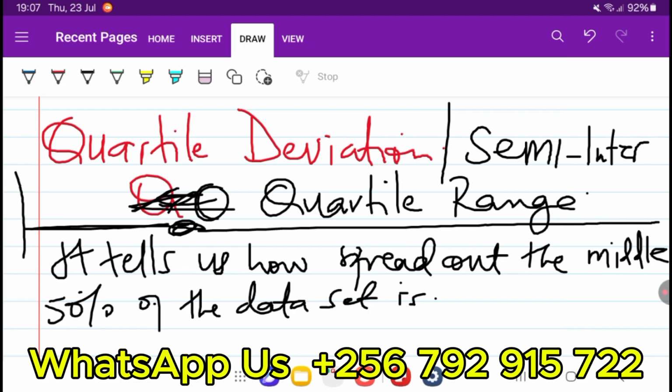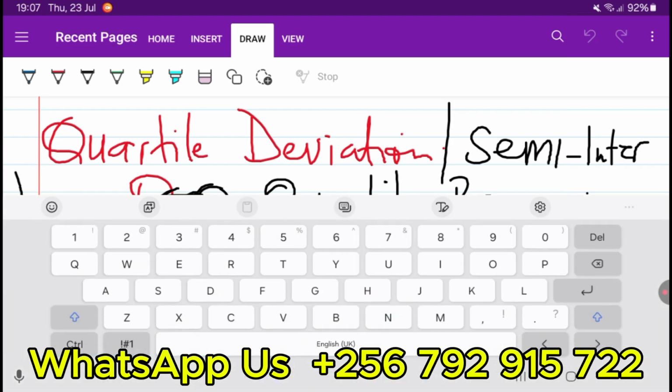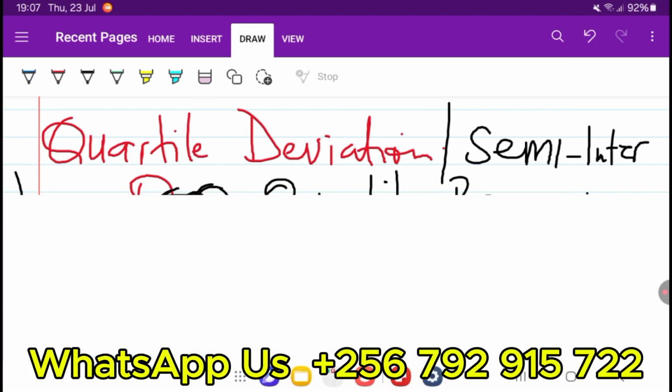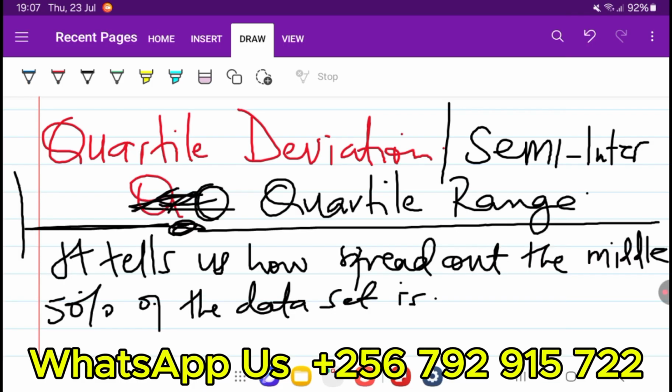All the items in the middle, we look at the kind of data that is on an equal side of the data set.